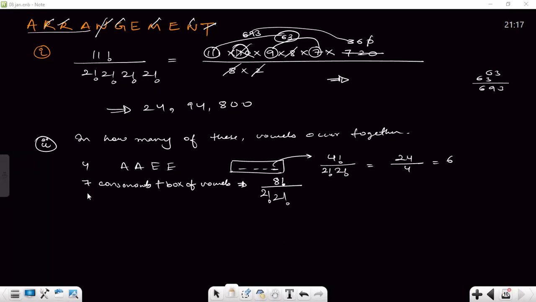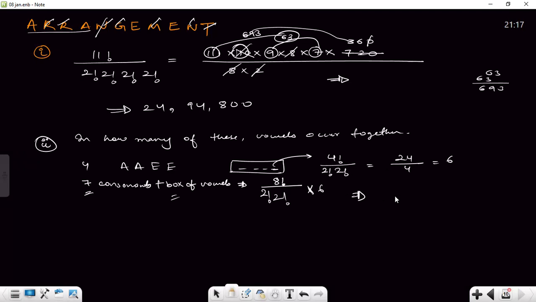So we have to arrange 7 consonants and a box. That's why 8 factorial. 2 factorial for the repetition of consonant R, 2 factorial for the repetition of consonant N, and for the repetition of vowels, we have already considered them inside the box. And it will get multiplied with the arrangements of vowels inside the box. There was 6.